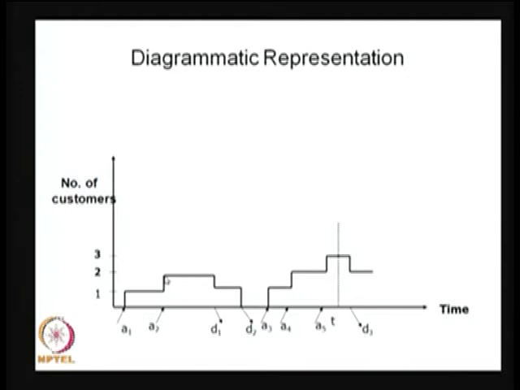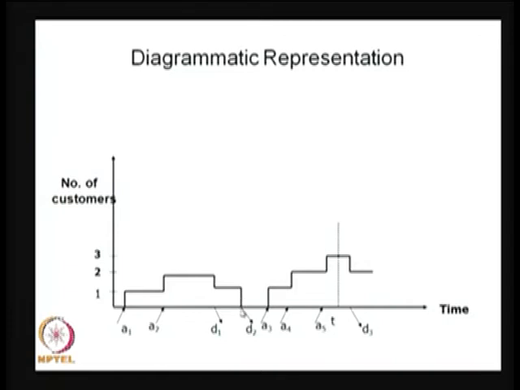Therefore, now the number of customers in the system is 2. At this time point, the first customer's service is over. So, he departs from the system, that is D1, the time point at which the first customer's service is over. Now, the number of customers in the system is 1.